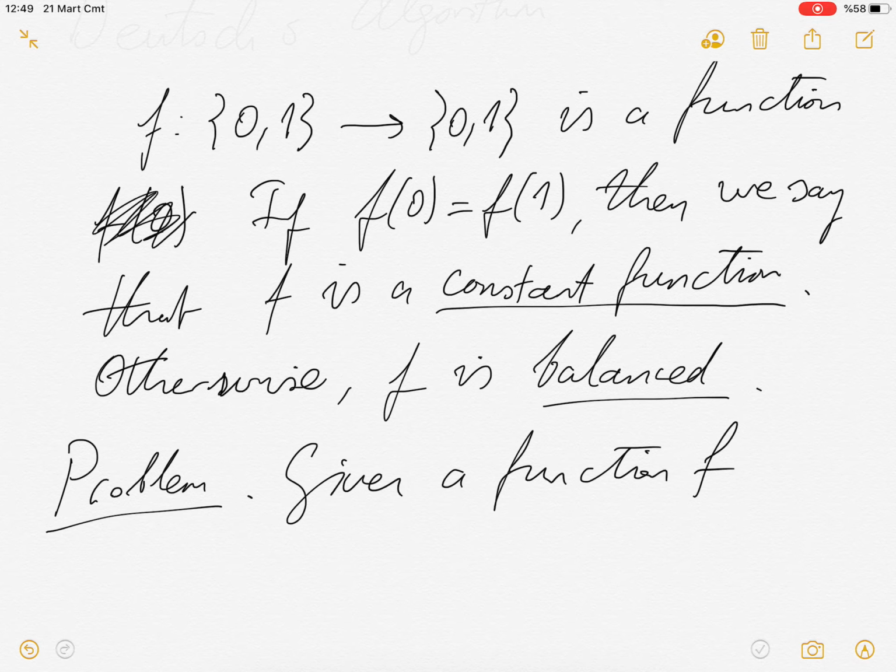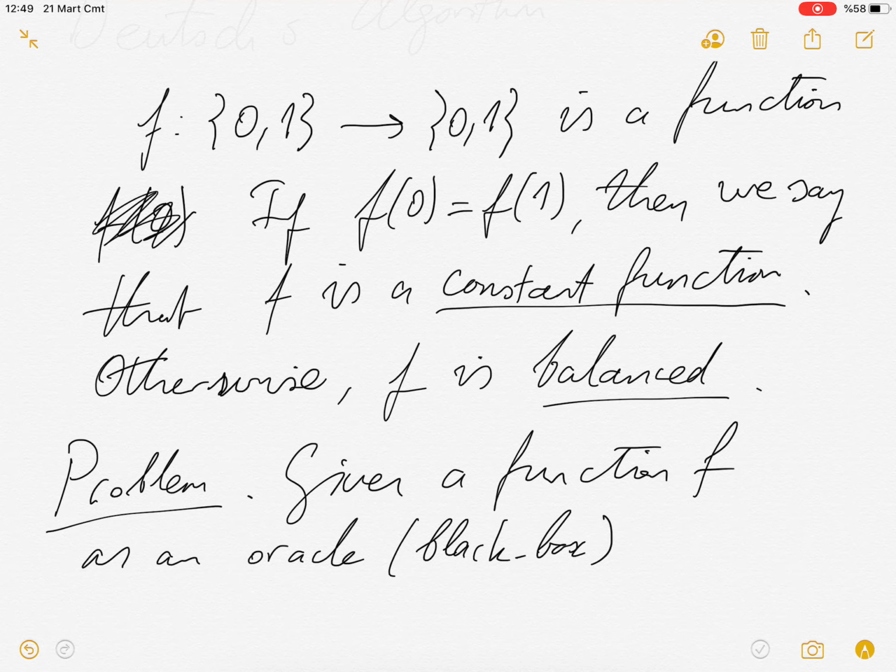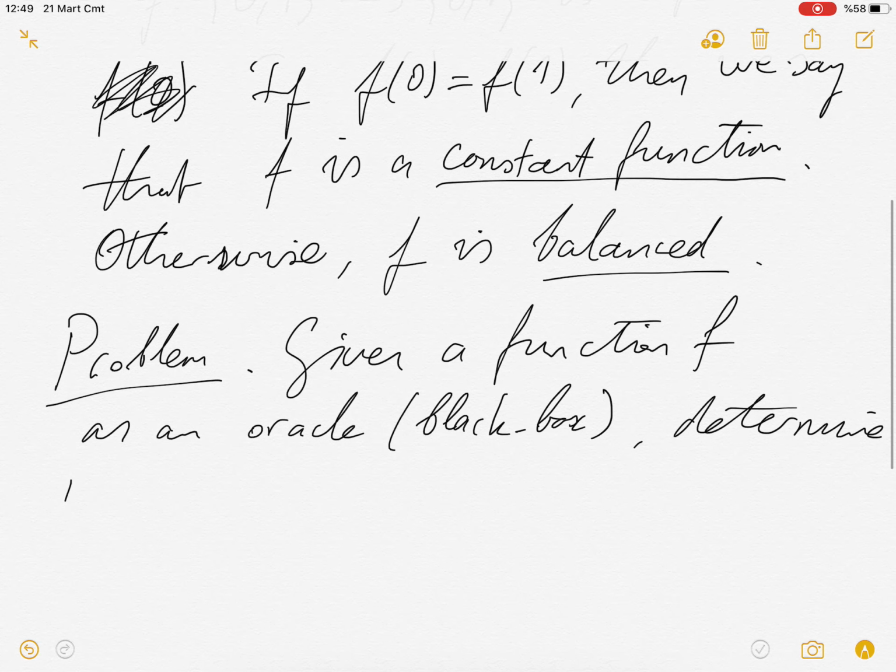We're just allowed to evaluate f as an oracle, that is, as a black box. So the problem is to determine if f is constant or balanced.